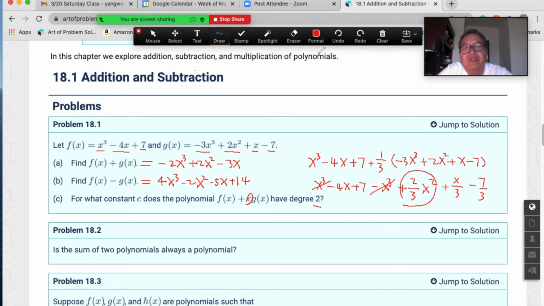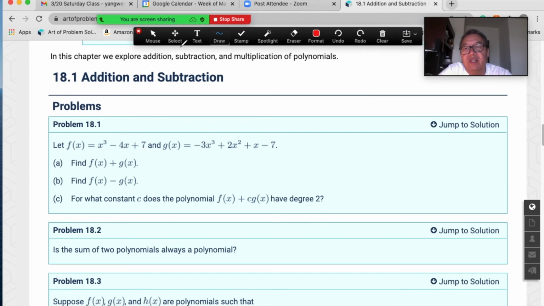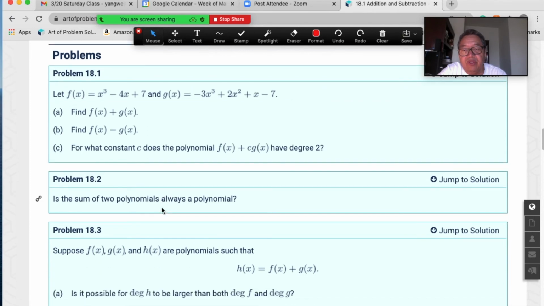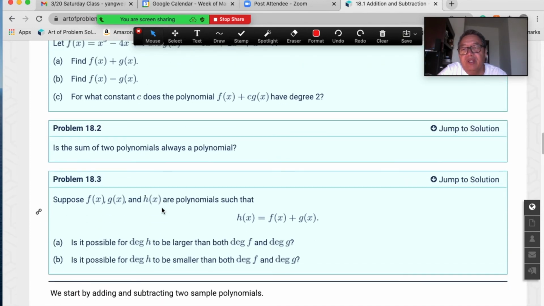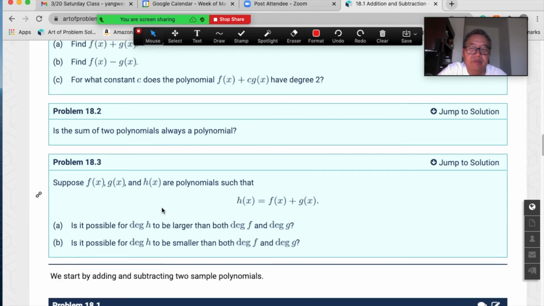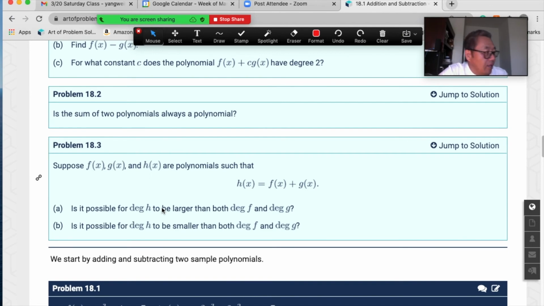Okay, very good. Now let's see number 18.2. Is the sum of two polynomials always a polynomial? Antiquus, can you answer this?